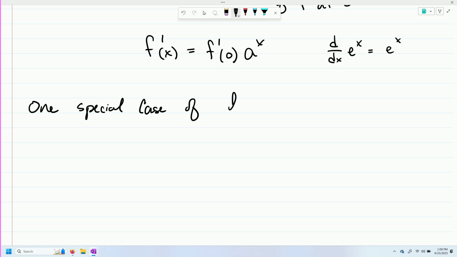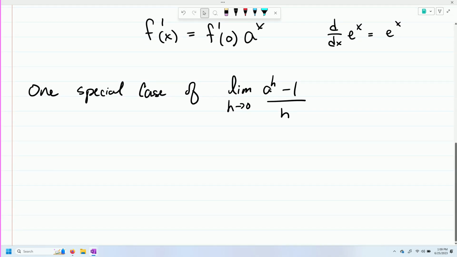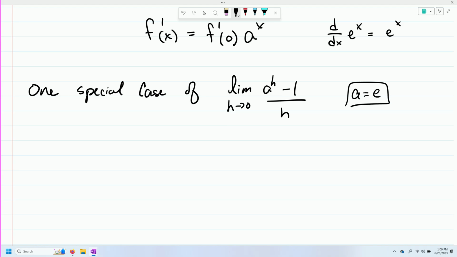So we have one special case of the limit as h approaches 0 of (a^h - 1)/h, and that is the scenario where a is equal to e.